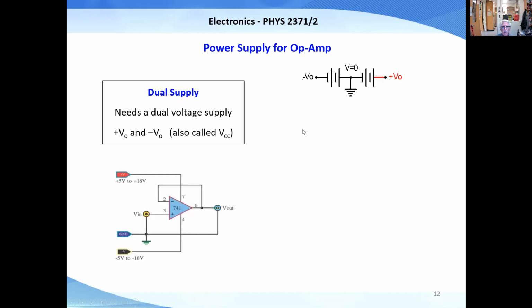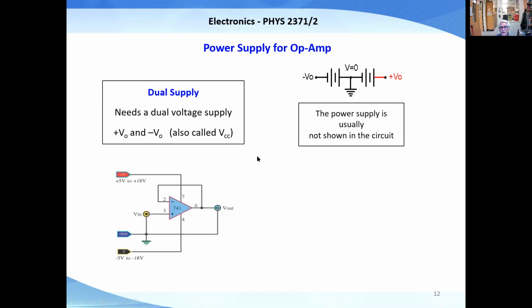There are op amps that work with just one power supply. If you're building a circuit you want to carry around, you have a 9-volt battery in it, and you don't want to have 2 9-volt batteries. So some chips you can use with just one voltage source; some are made that way.